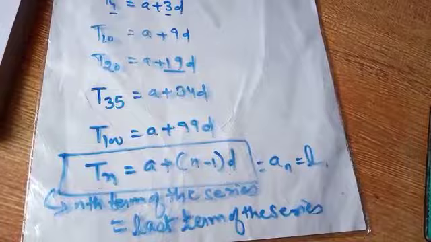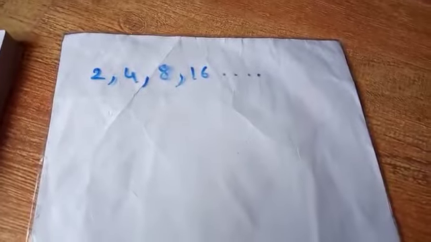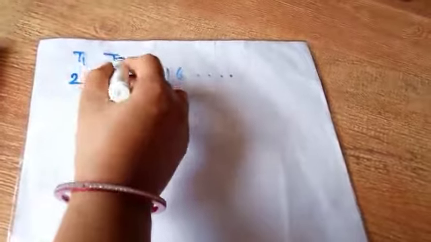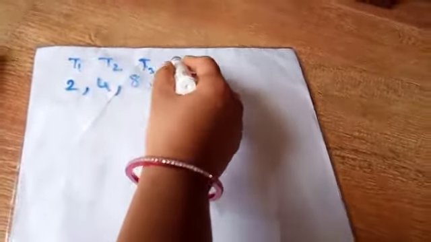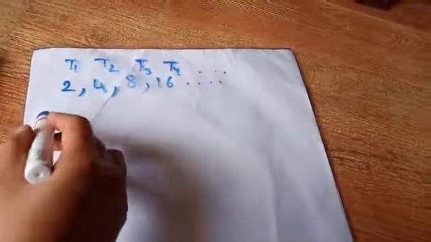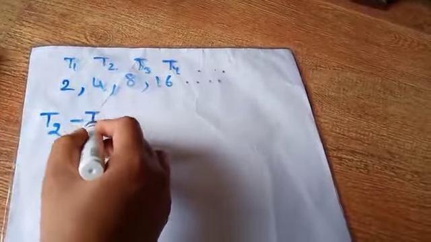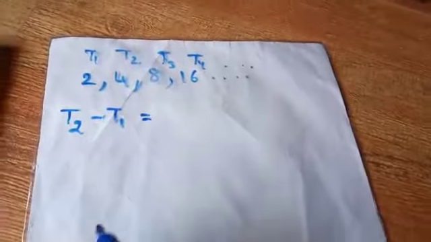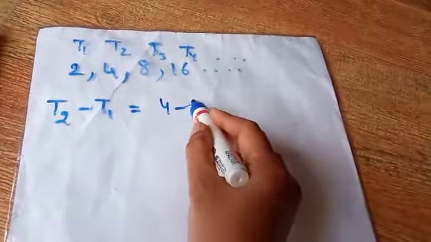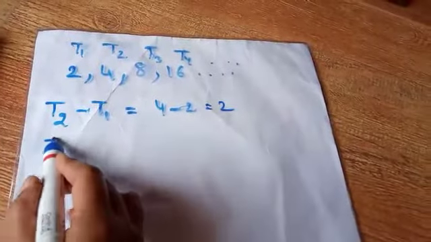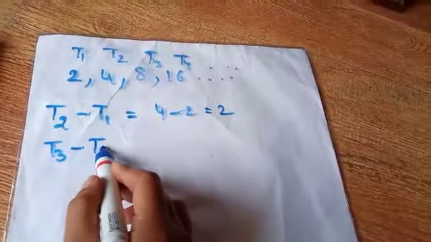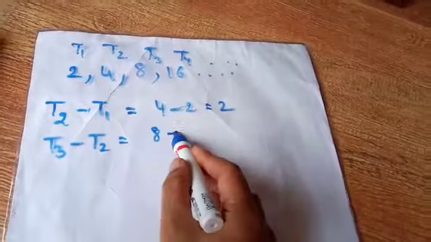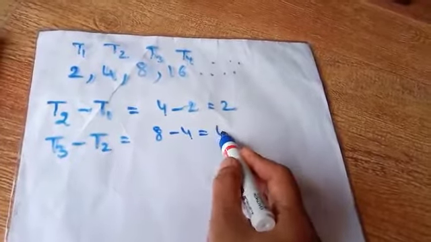Now suppose we have to check whether this series is AP or not. So I'll write it is T1, this is T2, T3, T4, and so on. So we'll find out T2 minus T1. This is how we are supposed to check. So it is 4 minus 2. The answer is 2. Then we'll find out T3 minus T2. So it is 8 minus 4, that is 4.